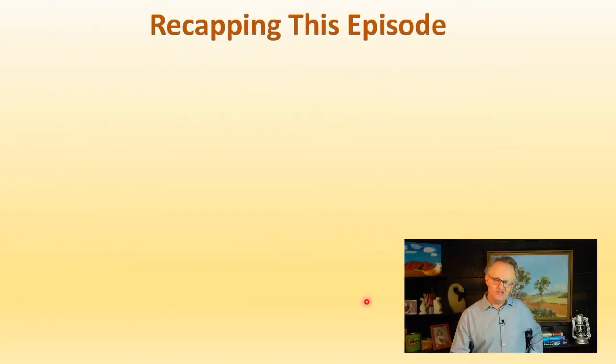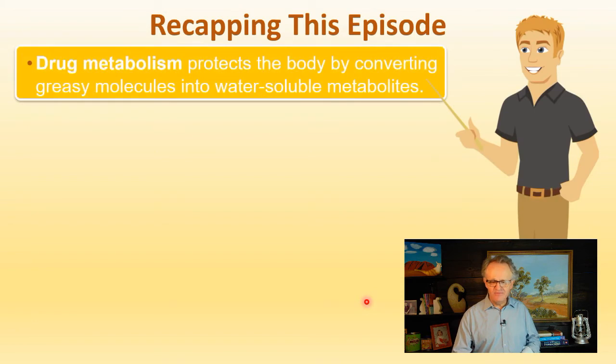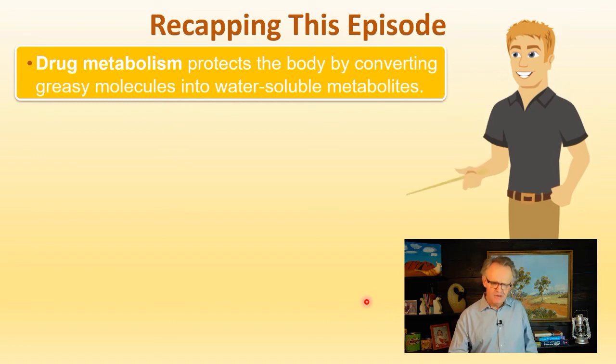Hopefully it's given you a bit of an appreciation for how important metabolism is in shaping the overall responses of people to drugs. But let's quickly recap what we've looked at. Firstly, we've seen that metabolism protects the body by converting greasy small molecules into water-soluble molecules. And as far as I'm concerned, it's pretty well just as important as the immune system in providing low-level protection against incoming substances that have potential to cause bodily harm.